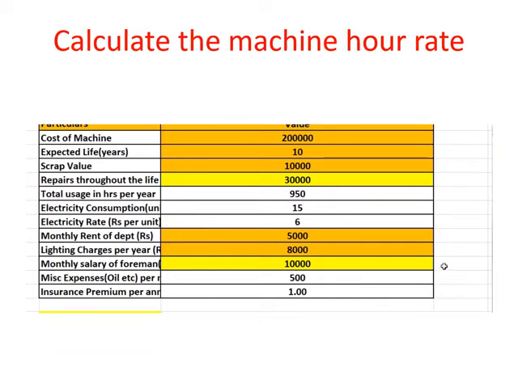So we'll see how to calculate the machine hour rate from the given data. Some additional data is given, and those also have to be accommodated in the calculation.